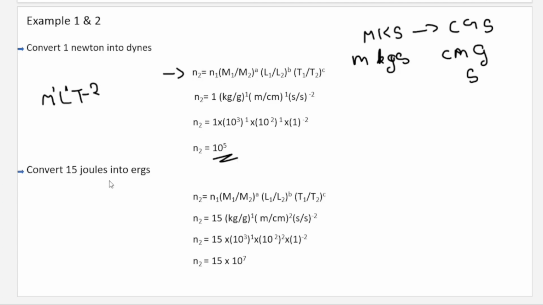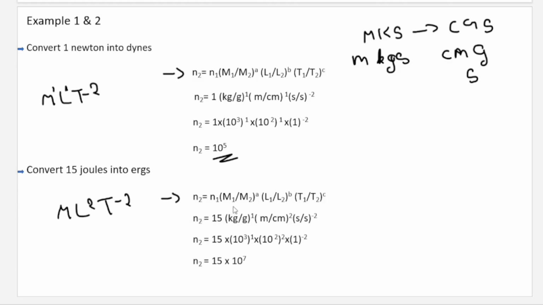Convert 15 joules into erg. Joule is the SI unit of work, and the dimensional formula of work is ML2 T minus 2. So using this formula, N2 is equal to N1, M1 by M2 whole A, L1 by L2 whole B, T1 by T2 whole C. N1 is 15 because 15 joules.